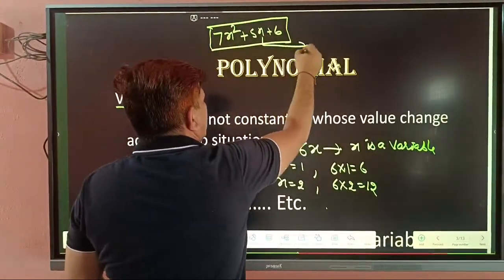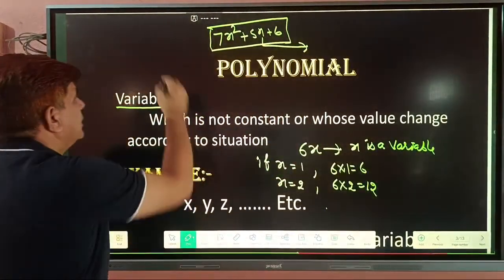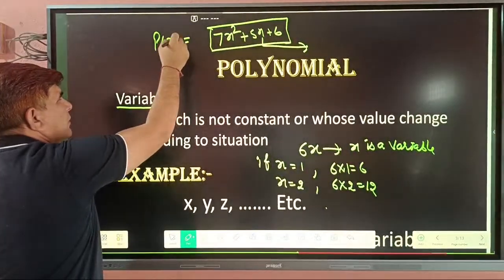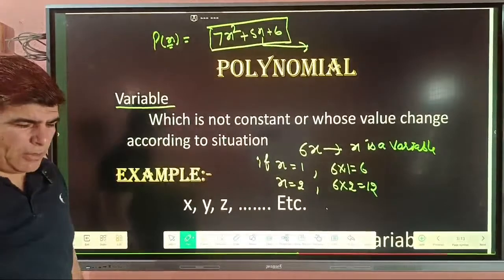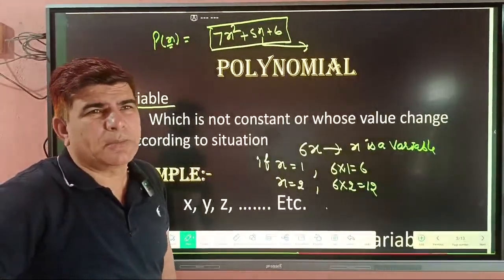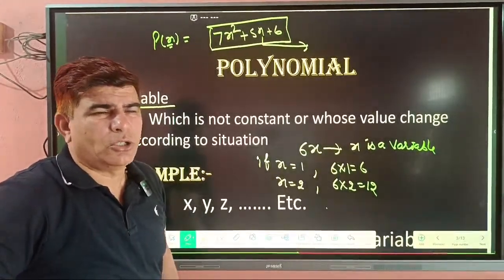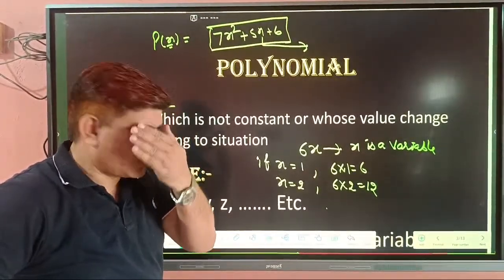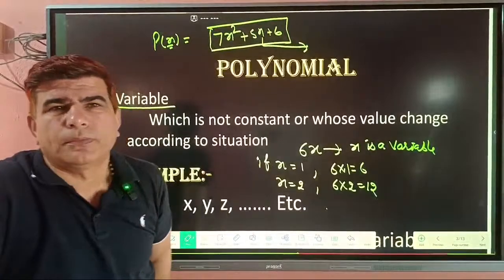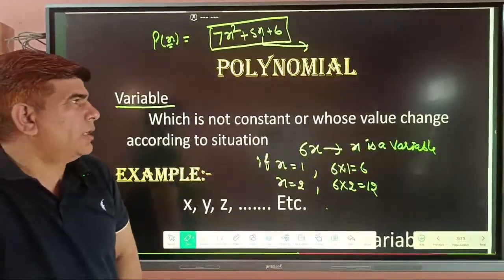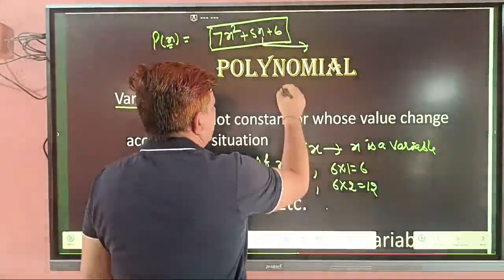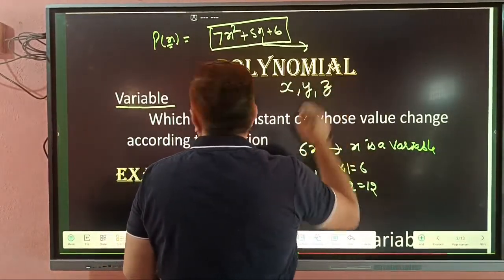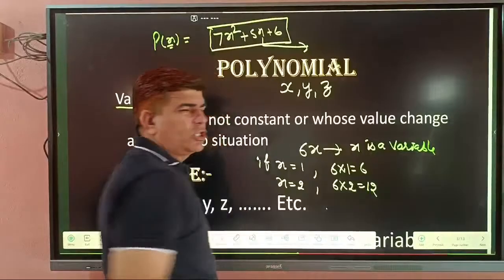Here, x is a variable, because the variable in this algebraic expression is x. So a variable's value changes according to the situation and is not constant. Understood?